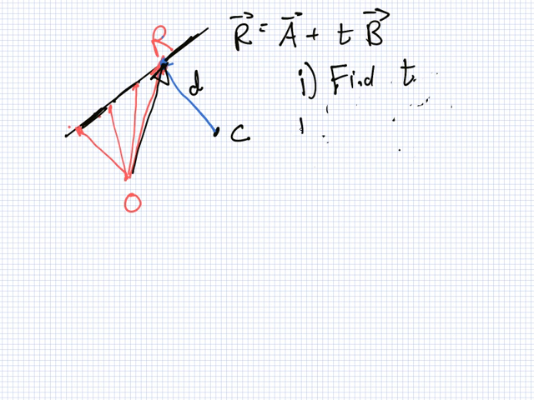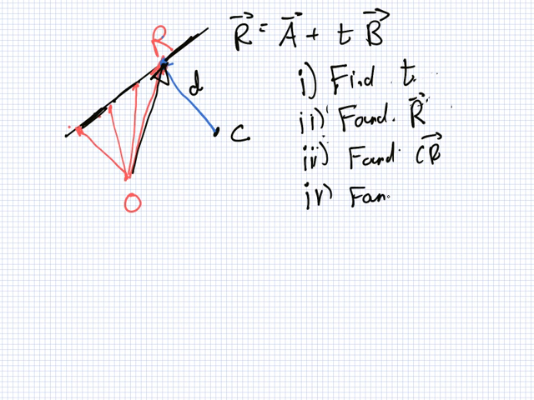If you find T, then you have found OR, because you can just put the T into this, right? If you found OR, then you have found CR, because CR is just OR minus OC. Yes? If you found CR, then you have found D. Because what is D? The magnitude of CR. Can you understand this? Yeah.